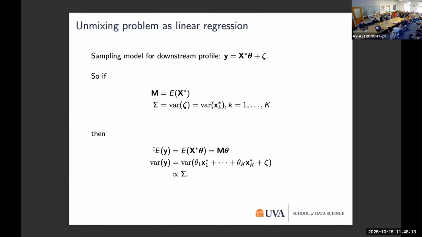All right, so if that's the case, then what our model is saying is that on average, our downstream profile will be a linear combination of the true, these kind of population level average profiles, and the variance is going to be proportional to that common covariance matrix.